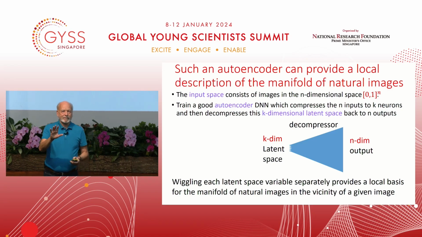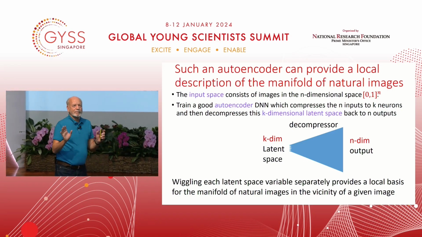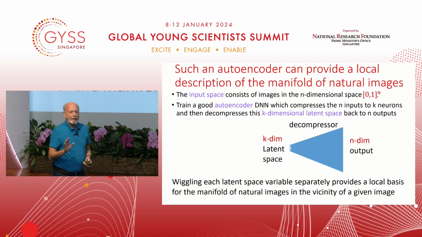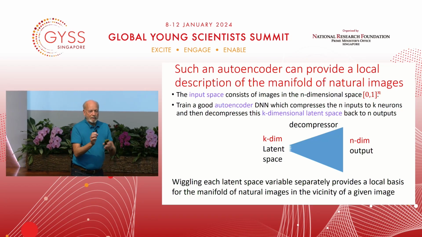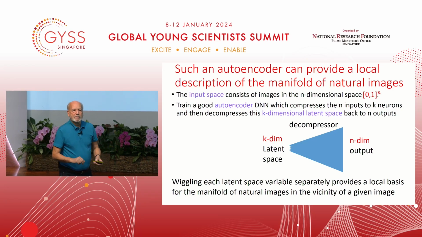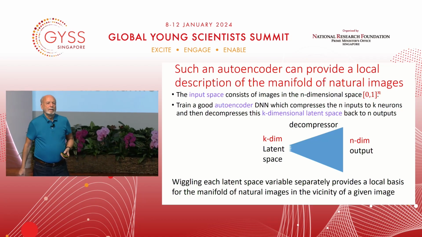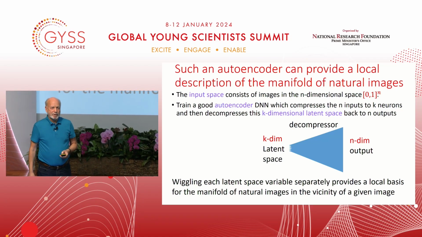If you didn't get all the details here, it's not important. You just have to understand that we have a very good way to find, in the vicinity of each image, all the ways I can move to nearby points, walking only on the subspace of natural images.